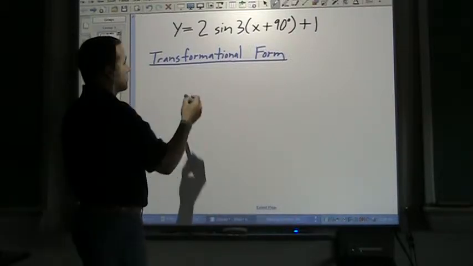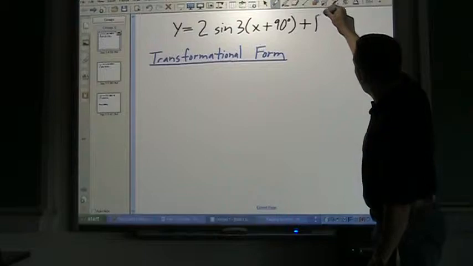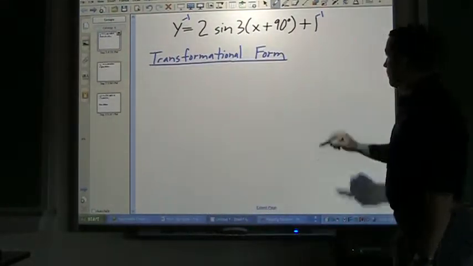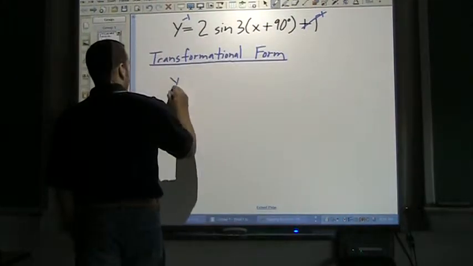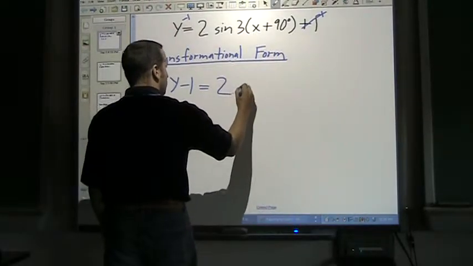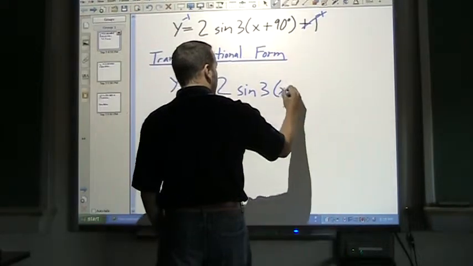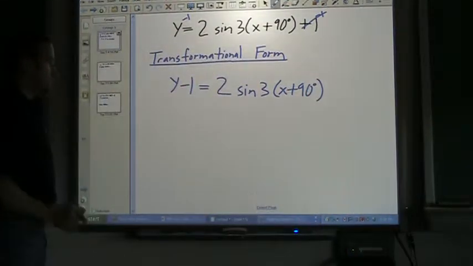In order to do this, first I subtract 1 from both sides. It's going to make this go away, and I'm going to be left with y minus 1 equals 2 sine (3x plus 90 degrees).